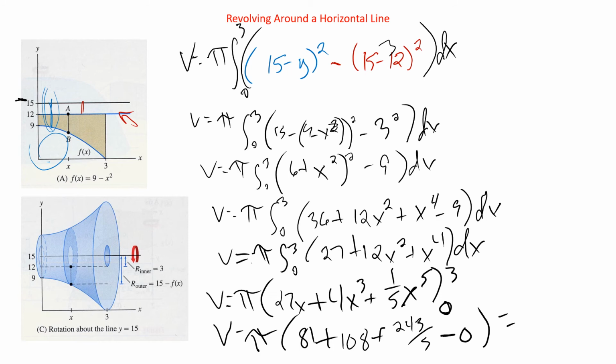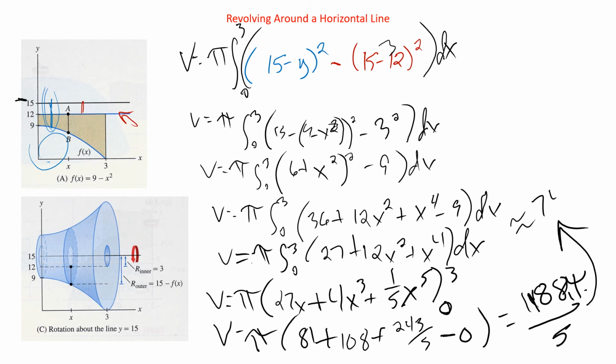So we have 81 fifths is going to be 405 plus 540 plus 243 should give us about 1,188. 1,188 pi over 5, if we do this calculation, we should get about 746.44 or so.